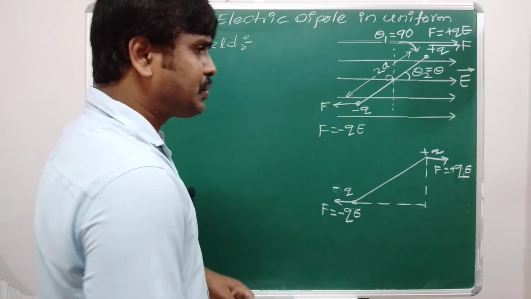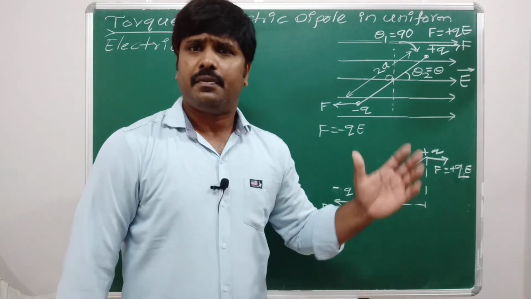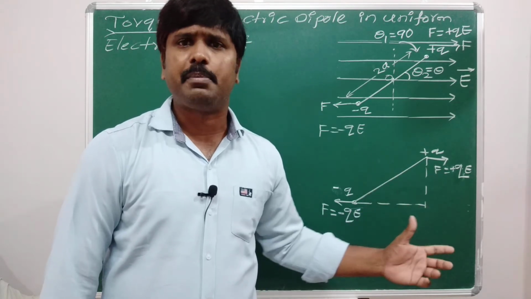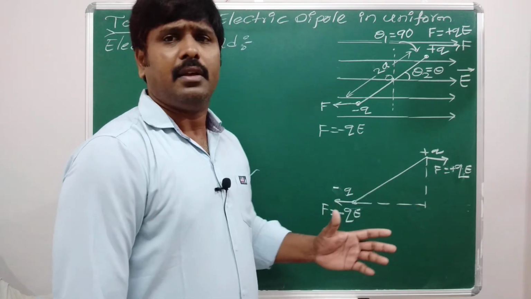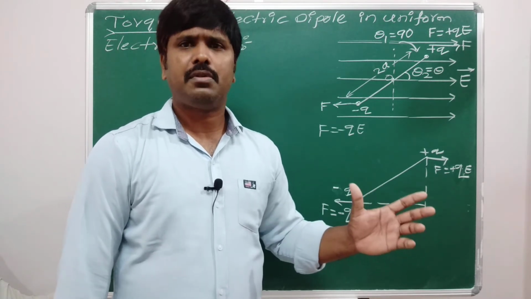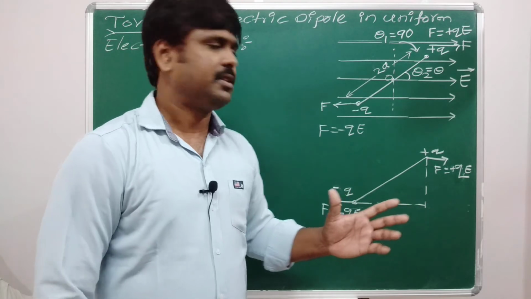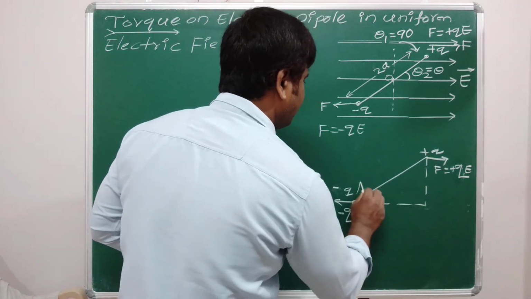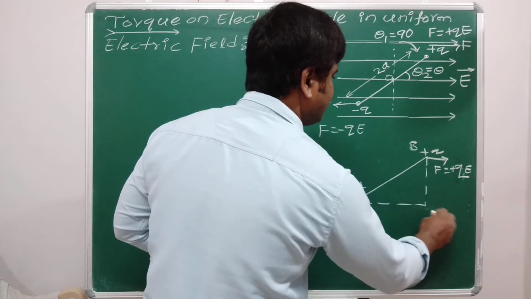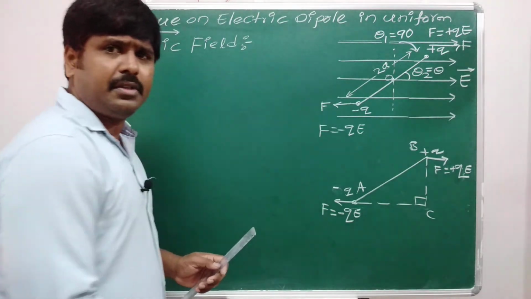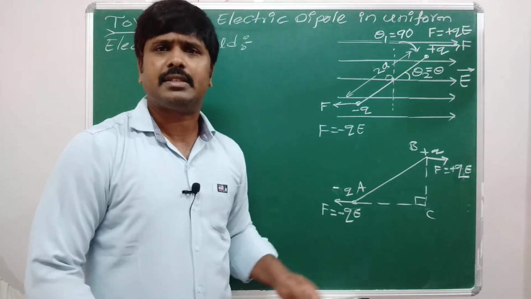These two forces form a torque, that is a couple acting on the electric dipole, so we consider torque. Torque is force into perpendicular distance. This point is A, this is B, and this is C, and BC is the perpendicular distance between the two forces.